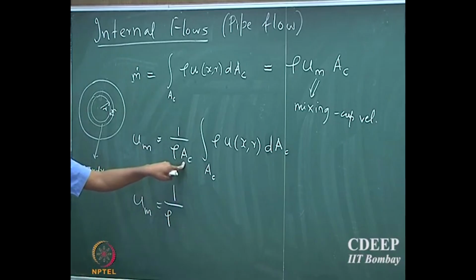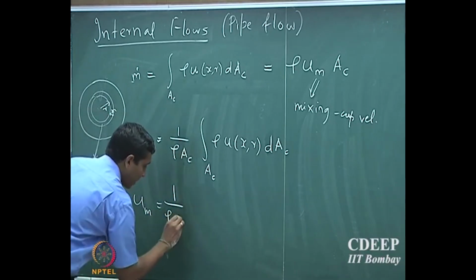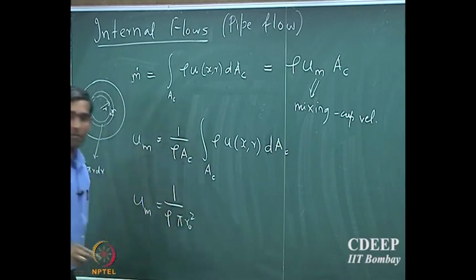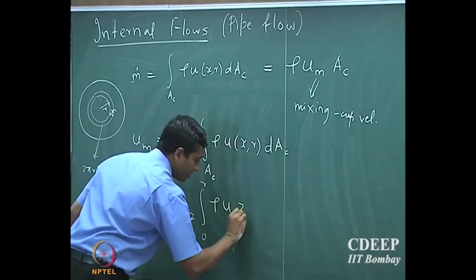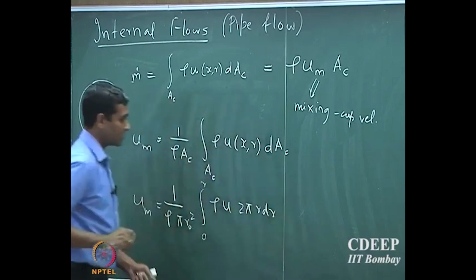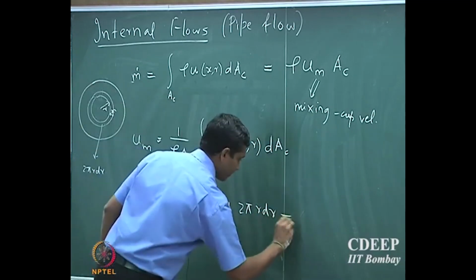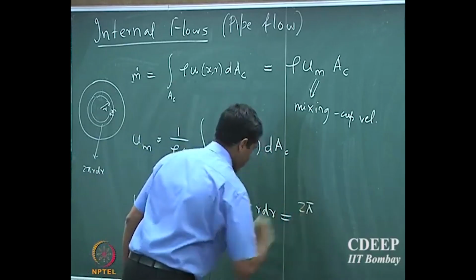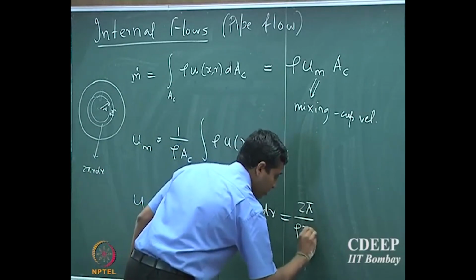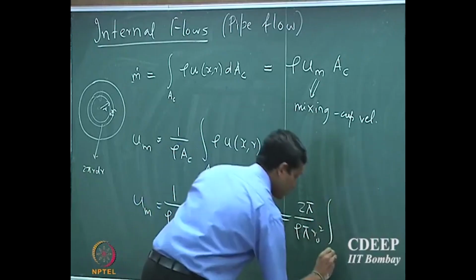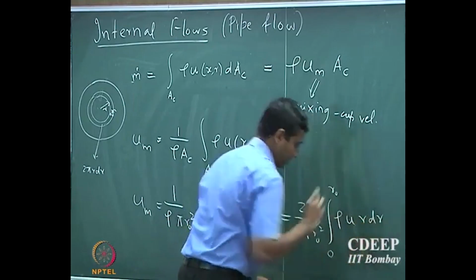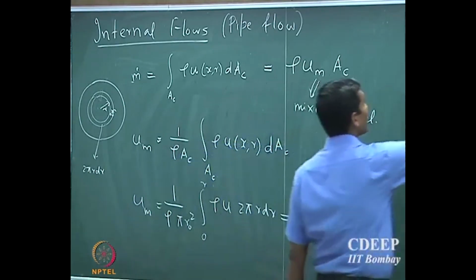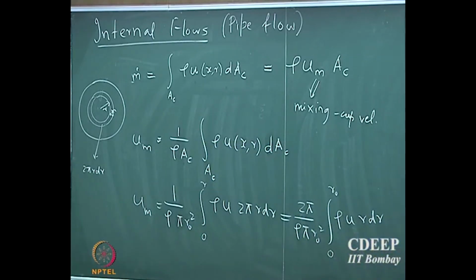Area of cross sectional area is pi r naught square, because r naught is the radius of the tube, integral 0 to r rho u 2 pi r dr. So that will be 2 pi by rho pi r naught square integral 0 to r naught u r dr.